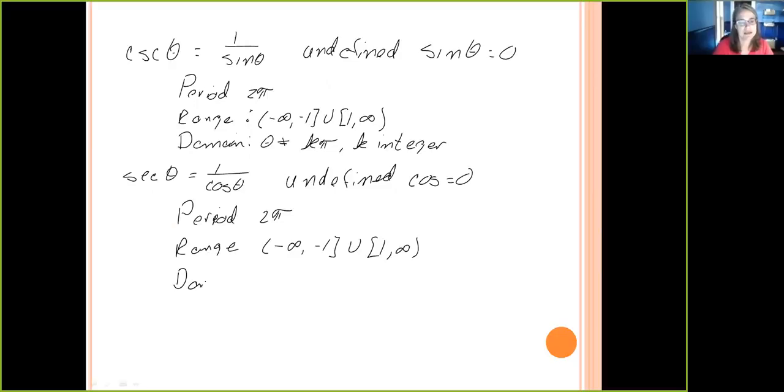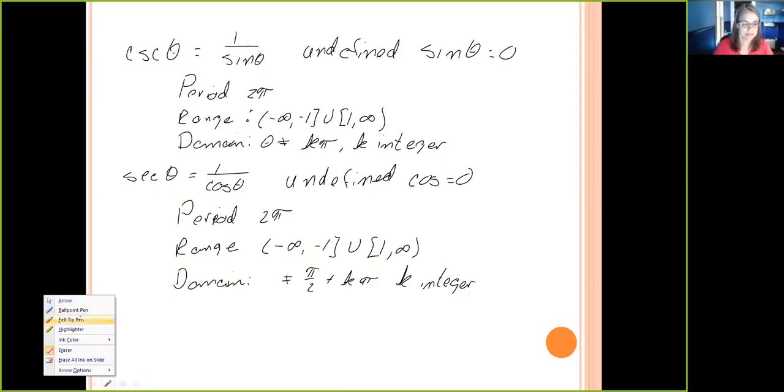And the domain is theta not equal to pi over 2 plus k pi, where k is any integer. Okay?